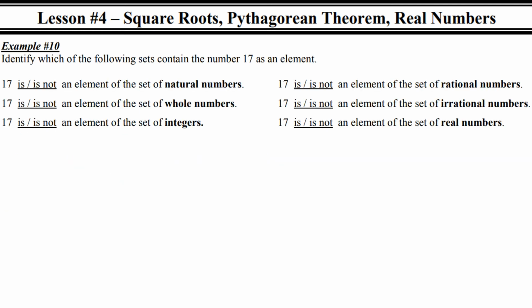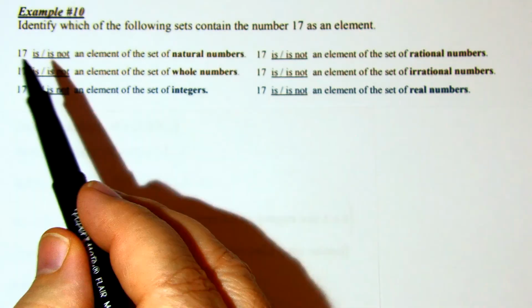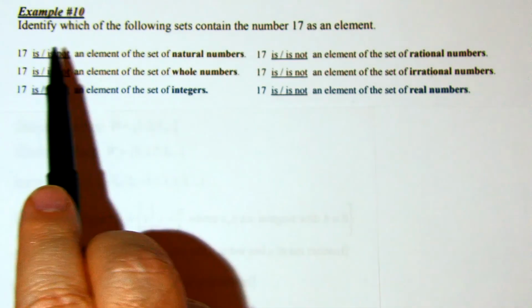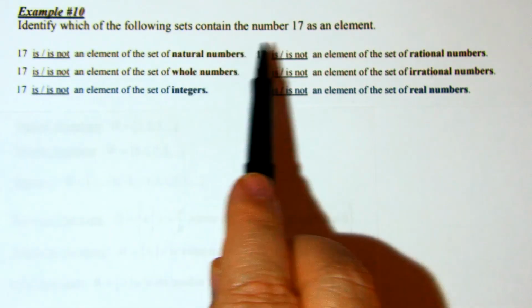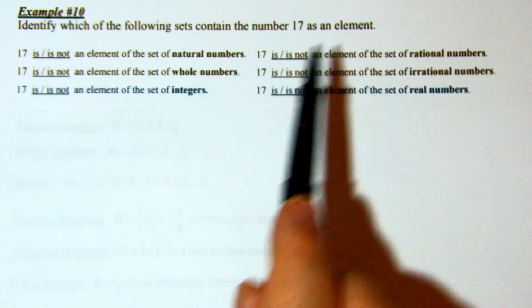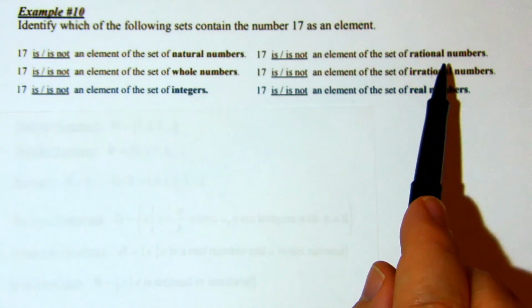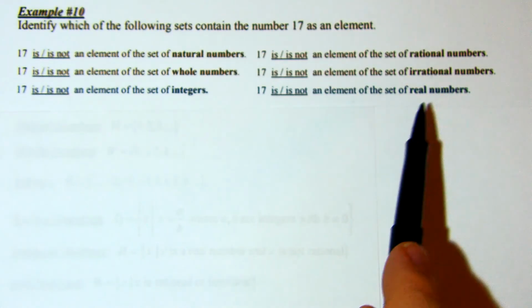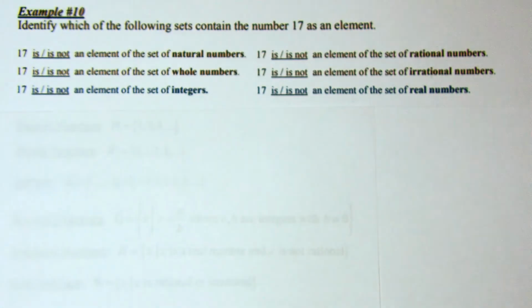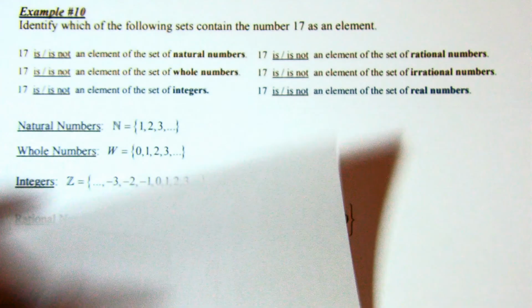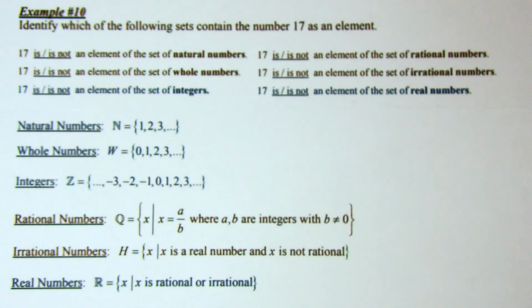Which brings us to an example. Example number 10. Identify which of the following sets contains the number 17 as an element. Natural numbers, whole numbers, integers, rational numbers, irrational numbers, real numbers. To begin, it's helpful to take a look at the sets that we're talking about.